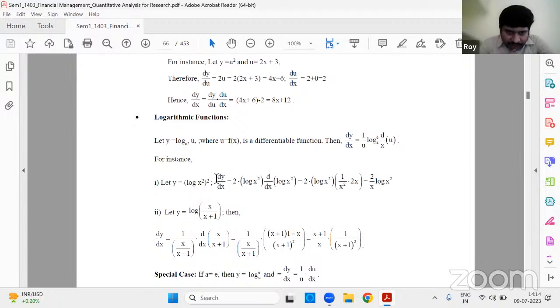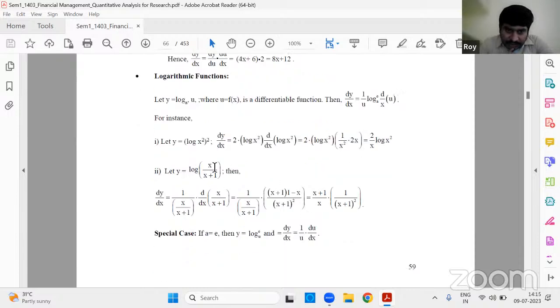What is the derivative of y? Consider this as x square. Dy by dx is equal to 2 into log x square into dy by dx of log x square, which is equal to 1 by x square into 2x. That is equal to 1 by x into log x square. A few things will be cancelled, x will be cancelled, and this is the final answer.